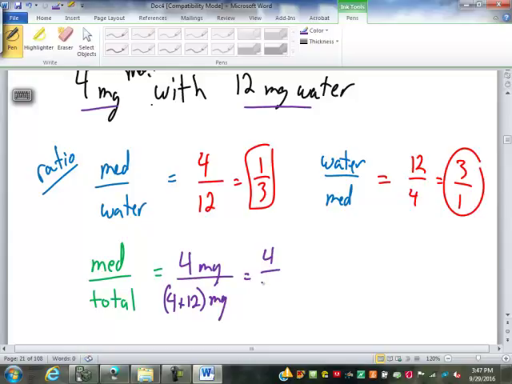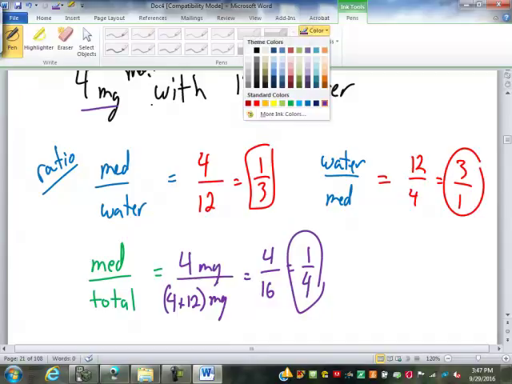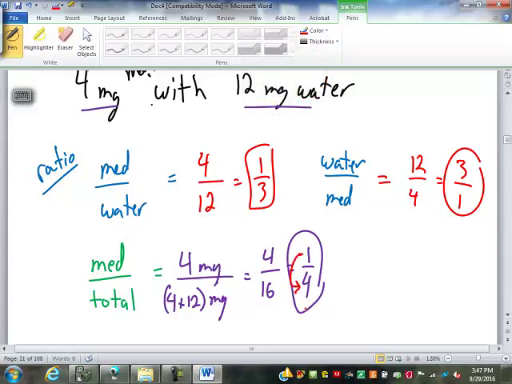We'll divide out the milligrams. It's just 4 out of 16, or 1 out of 4. Not 1 to 4, that would not be the proper way of wording that. What would be the proper way of saying that? 1 out of 4. The reason we say out of is that in this case, this 1 part is included within the 4. That's just one of the parts out of the 4.